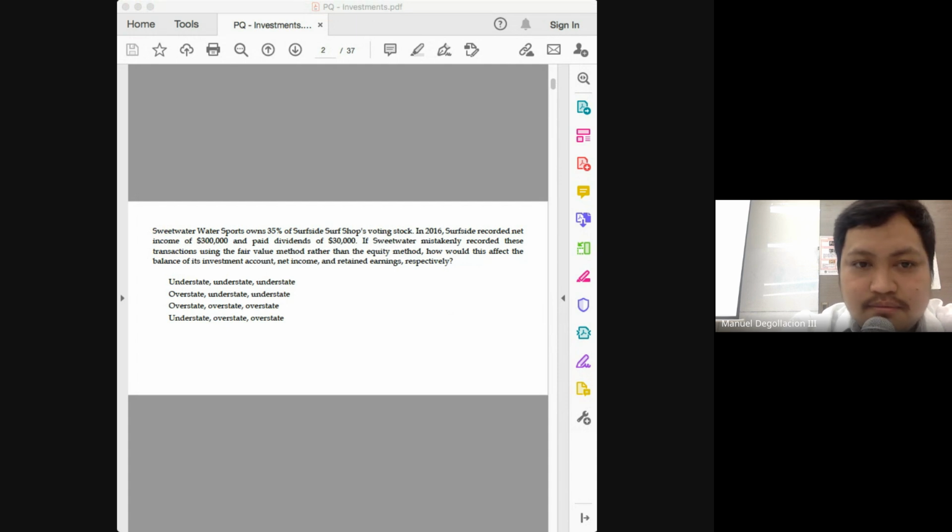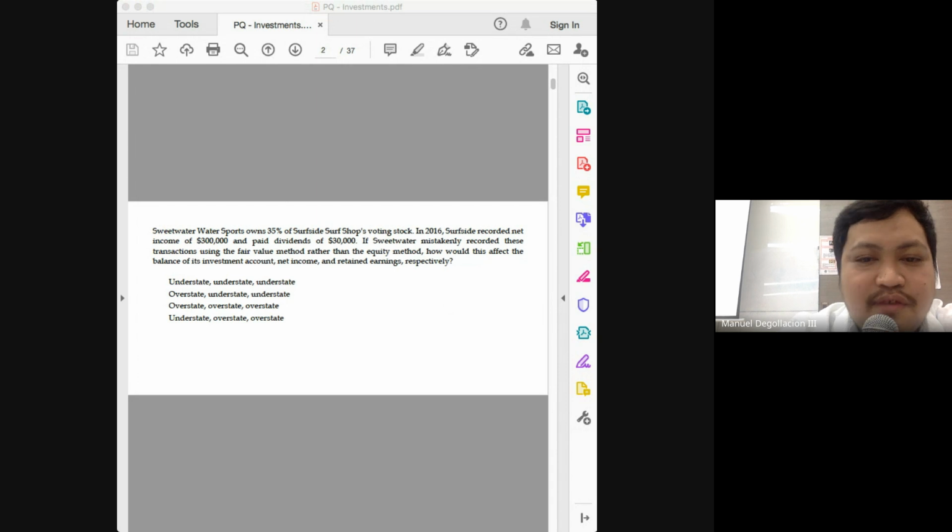Okay. If Sweetwater mistakenly recorded this transaction using the fair value method rather than the equity method, how will this affect the balance of the investment account, the net income, and then the retained earnings?